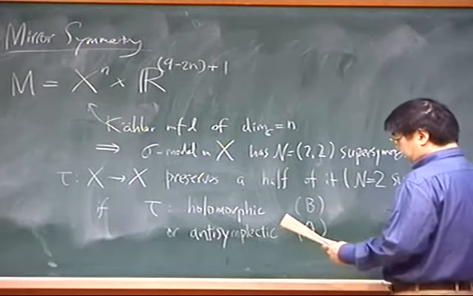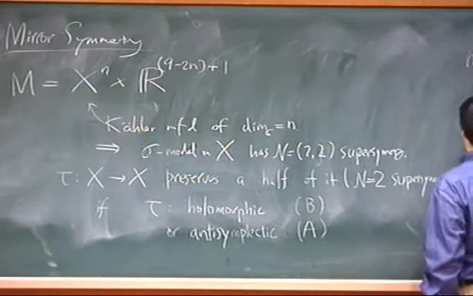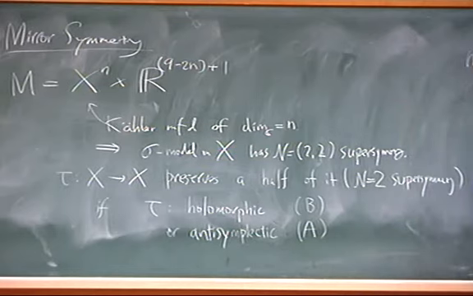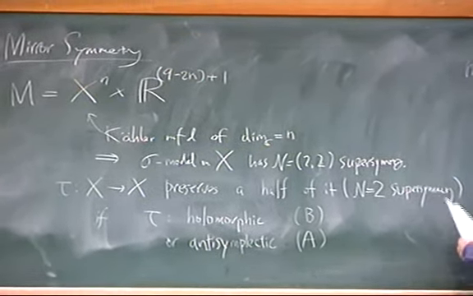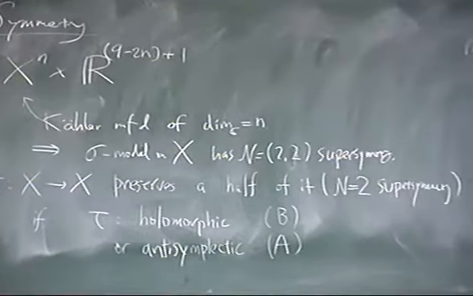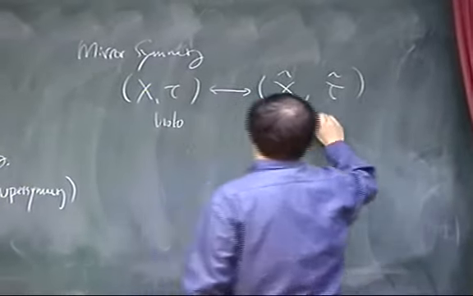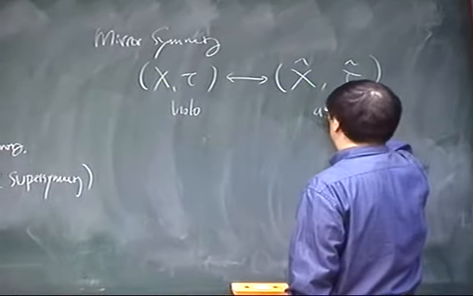And the mirror symmetry relates this. So the mirror symmetry takes X, tau to X hat, tau hat. So if it is holomorphic, then this is anti-symplectic.